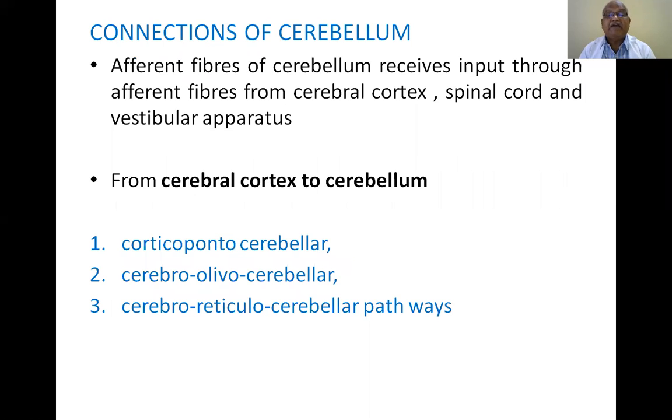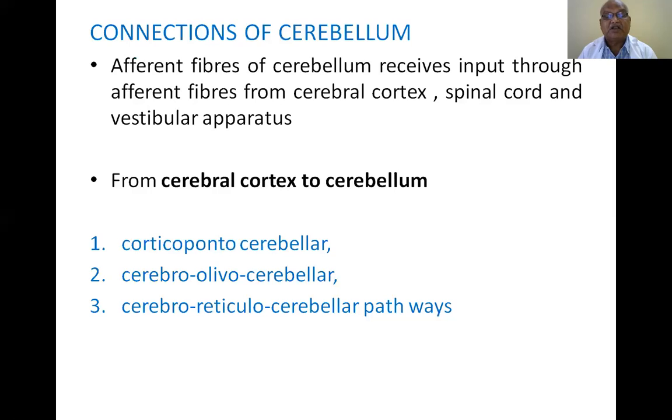Connections of the cerebellum. The cerebellum receives input through afferent fibers from the cerebral cortex, spinal cord and vestibular apparatus. So afferent connections are coming to the cerebellum from other parts: the cerebral cortex, the highest level of the CNS, the spinal cord, and also the vestibular apparatus.